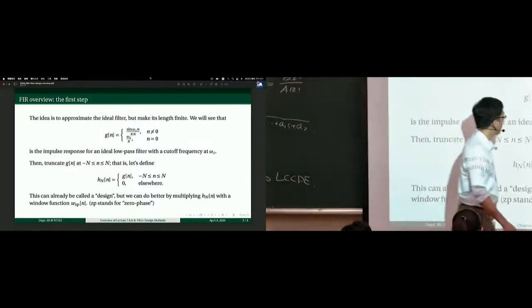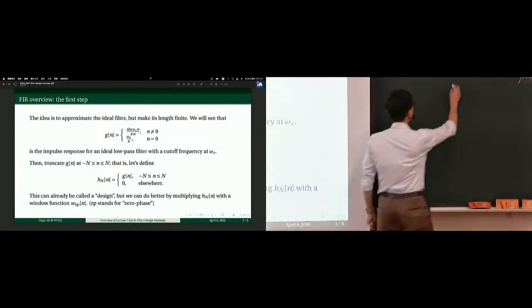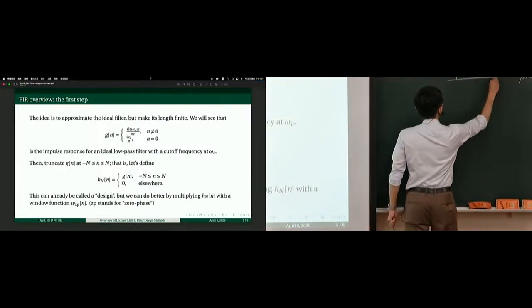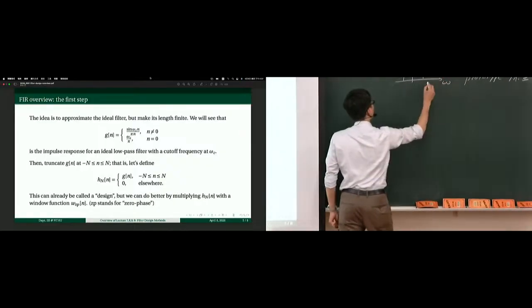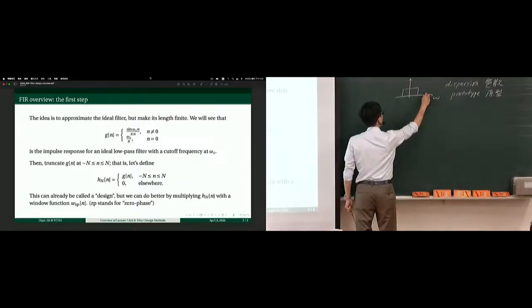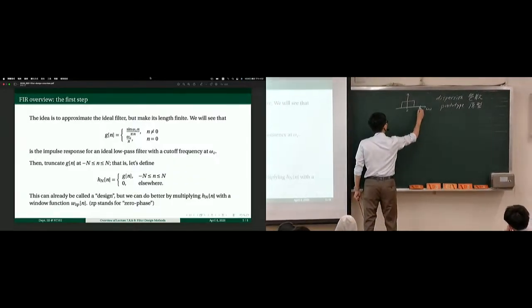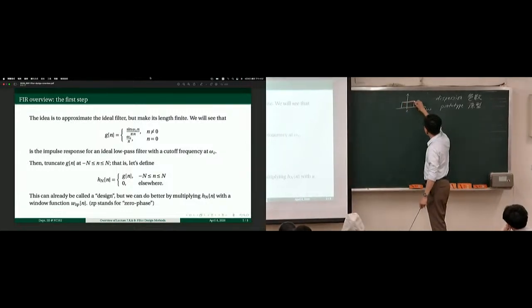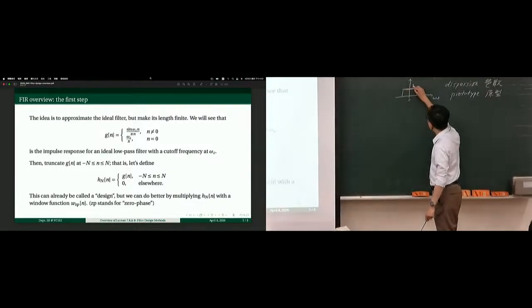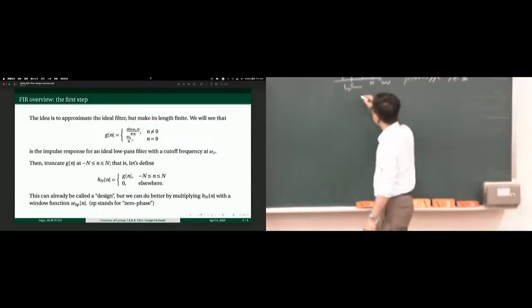So what do we mean by ideal low-pass filter? Already in the discrete time, in the realm of discrete time systems, we know small omega is from 0 to pi, for sure. And an ideal filter has constant gain of 1 in the pass band.